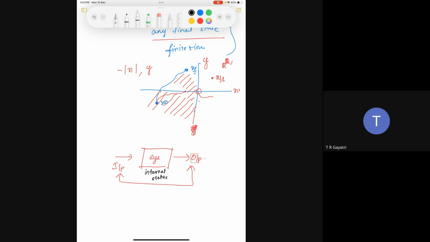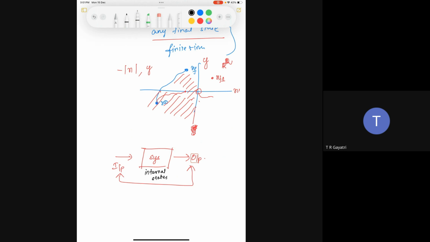For example, if a car is moving from one point to another point, I'm observing the car and I can sense that this car is going at 50 kilometers per hour. If I know the distance it would have covered, then I can say the speed of the car, right?